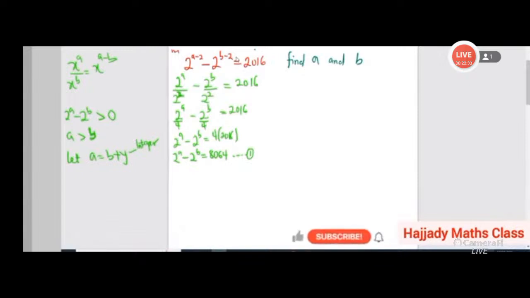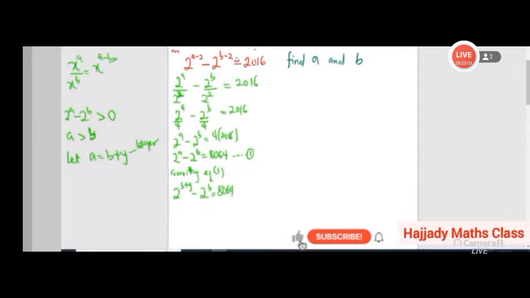Now going back to equation 1, it can be written in another form. Since a is now equal to b plus y, rewriting equation 1, I'm going to have 2 raised to power b plus y minus 2 raised to power b equals 8064.